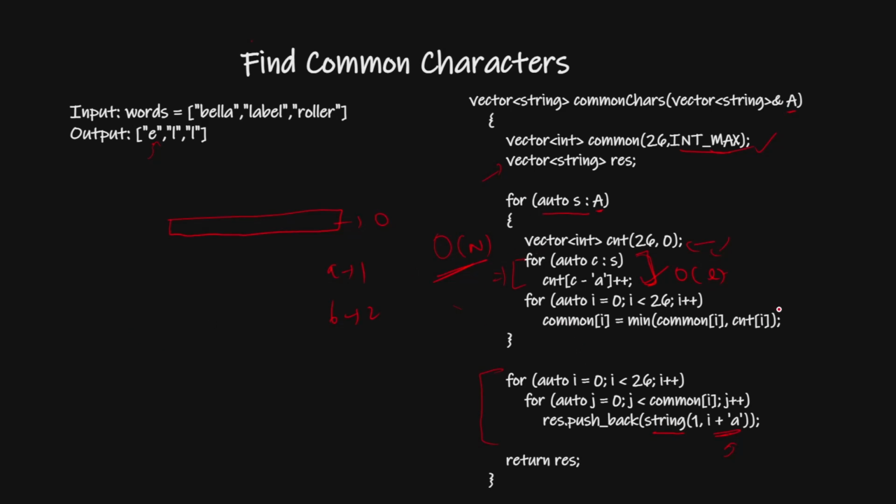The loop over the 26 letters is O(1), and this is also O(1). So my overall time complexity will be O(n times L). And what will my space complexity be? I can say my space complexity is O(1), because I use one vector which has a fixed size of 26, so it is constant space.